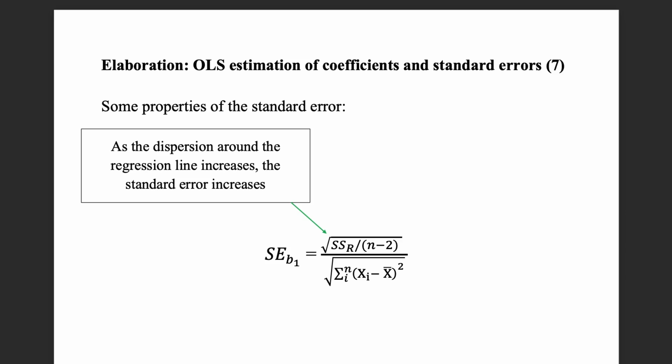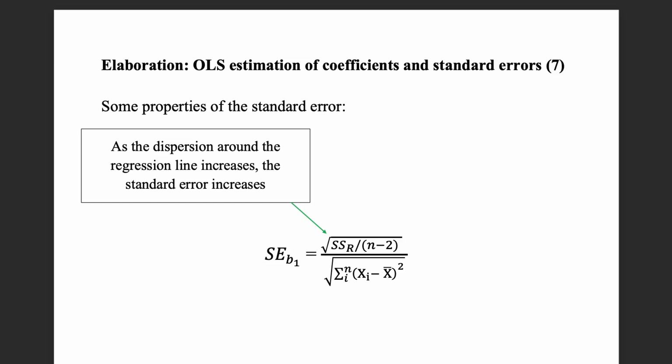So you become a lot less certain about how well your regression coefficient actually reflects the true population coefficient. So the standard error increases the more spread out the individual observations are around the regression line, because then we have a regression model that does a relatively less good job of predicting the outcome. So we are relatively less confident that this is actually a good reflection of the true population regression coefficients.